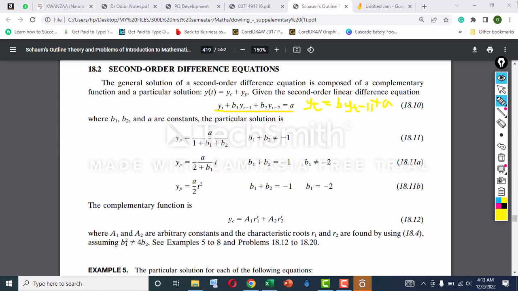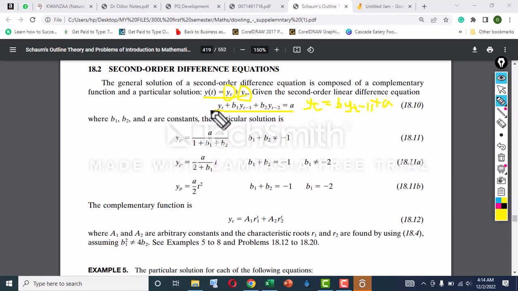If they don't ask for the general solution, they expect you to add the two together. So our yt, our general solution, is the addition of your complementary function and your particular integral. Mostly they will ask you to find your complementary function separately and your particular integral separately.